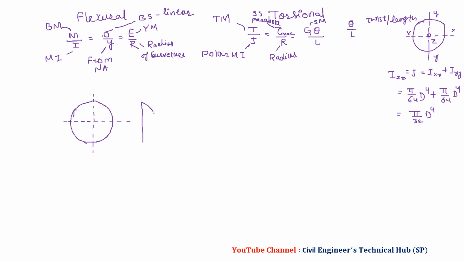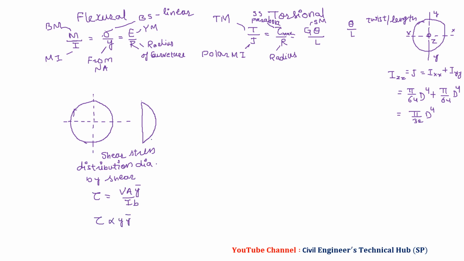We have the formula, if you remember, tau is equal to V A y bar upon I B. We have seen this, and tau is directly proportional to y bar.